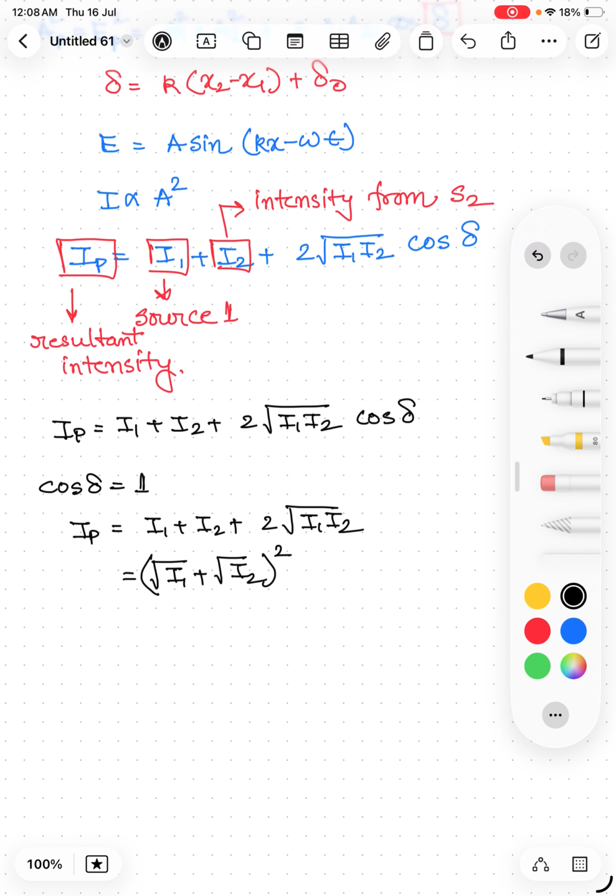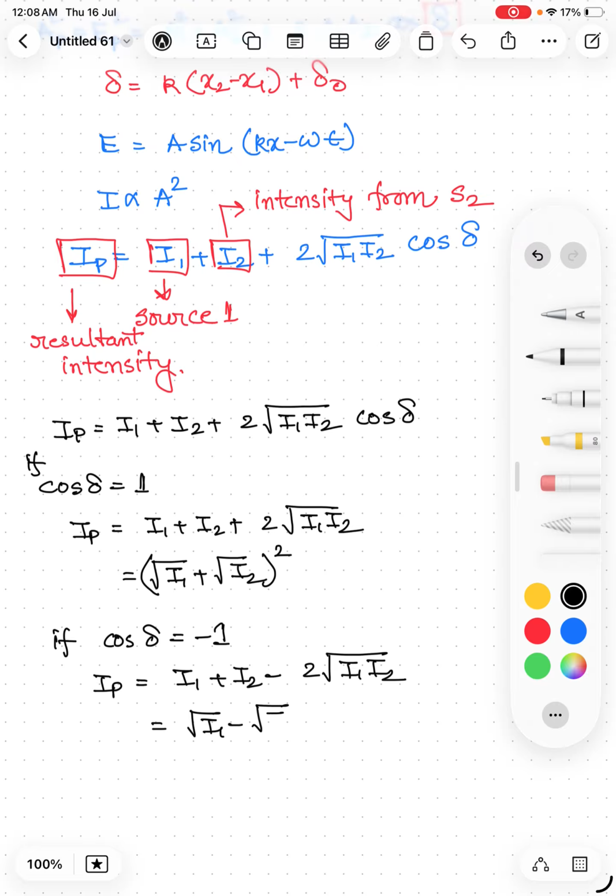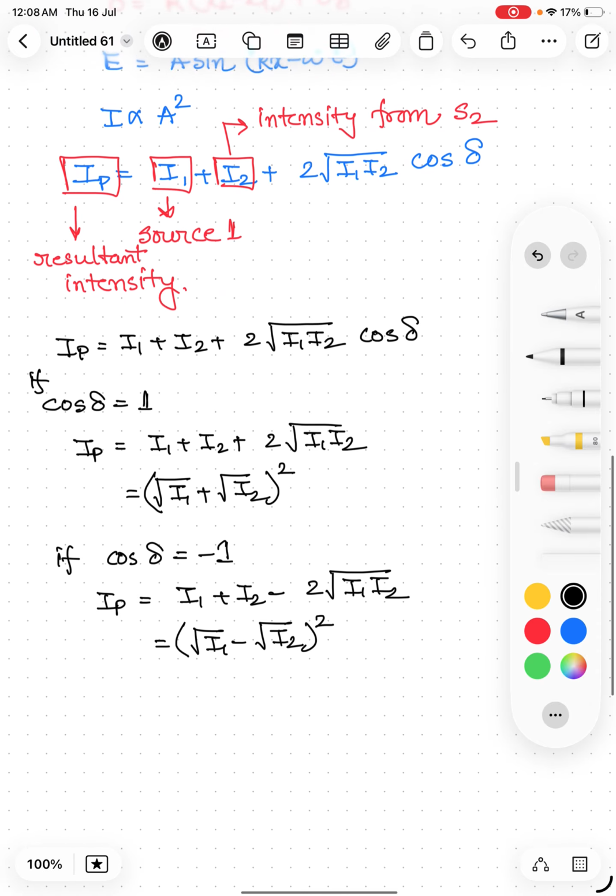If cos delta is minus 1, then similarly Ip equals I1 plus I2 minus 2 root over I1 I2, which gives root over I1 minus root over I2 whole square.